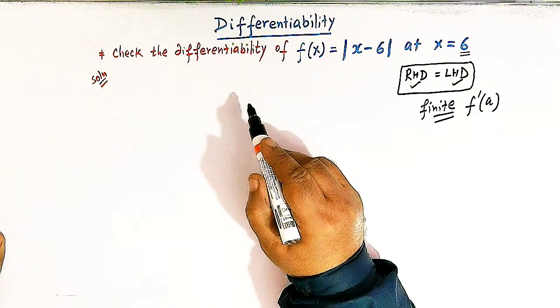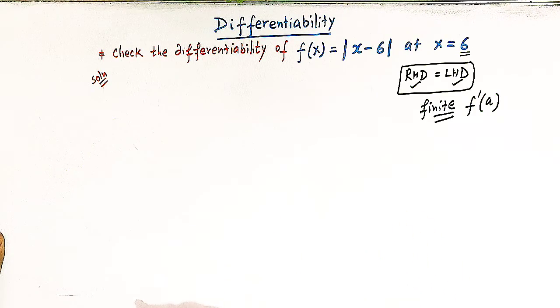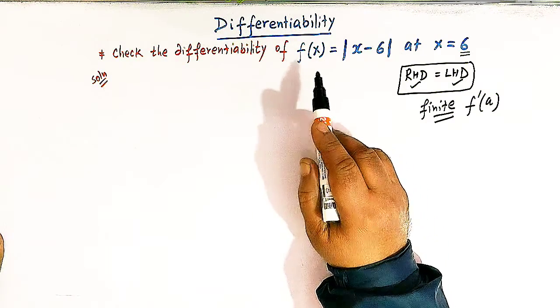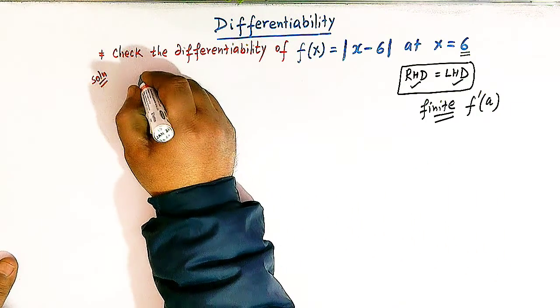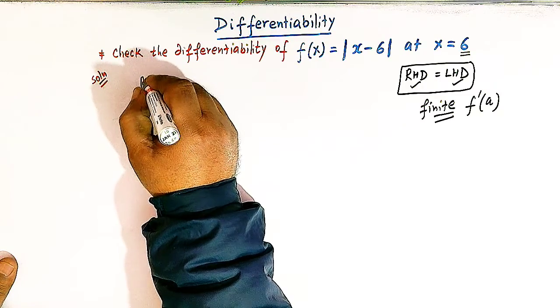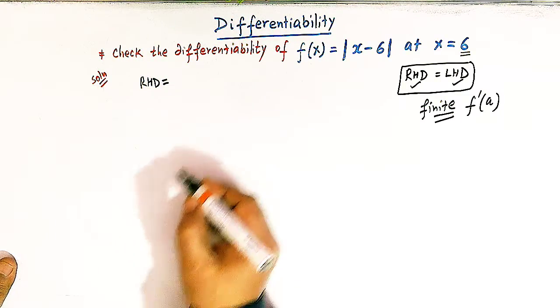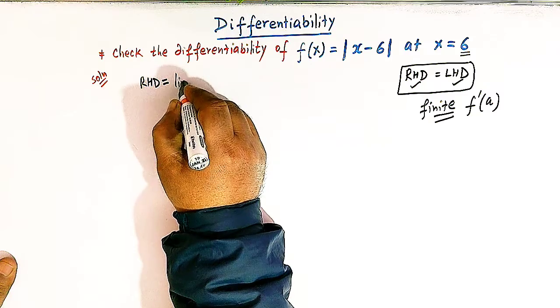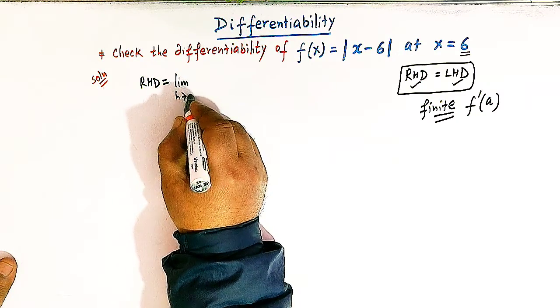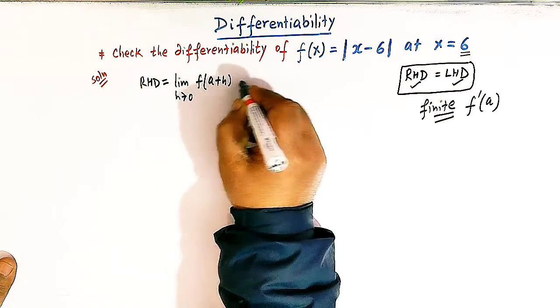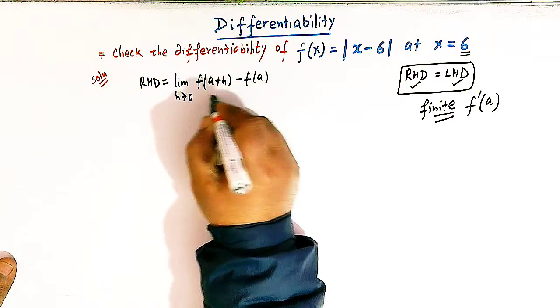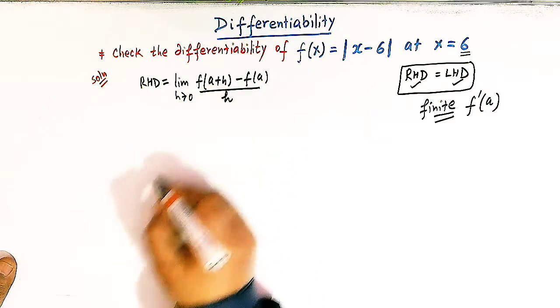So we have already discussed the concept of differentiability of a function at a given point in our earlier videos, right? So let us solve this problem. So let us first find out the right hand derivative. So the right hand derivative is defined by this limit, that is limit h tends to 0, and we have f of a plus h minus f of a divided by h, right?